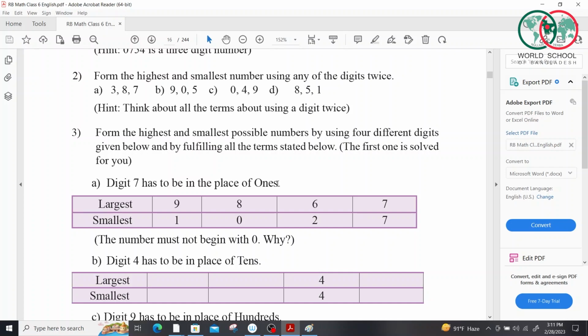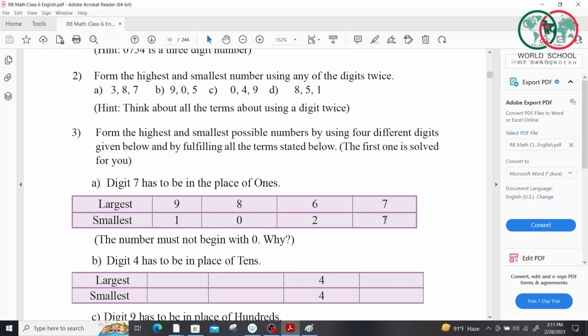But we are given a condition. Suppose the condition is that digit 7 has to be in the place of 1. So in the place of 1 we have written 7. After that we can use any digit to form the largest and smallest number.